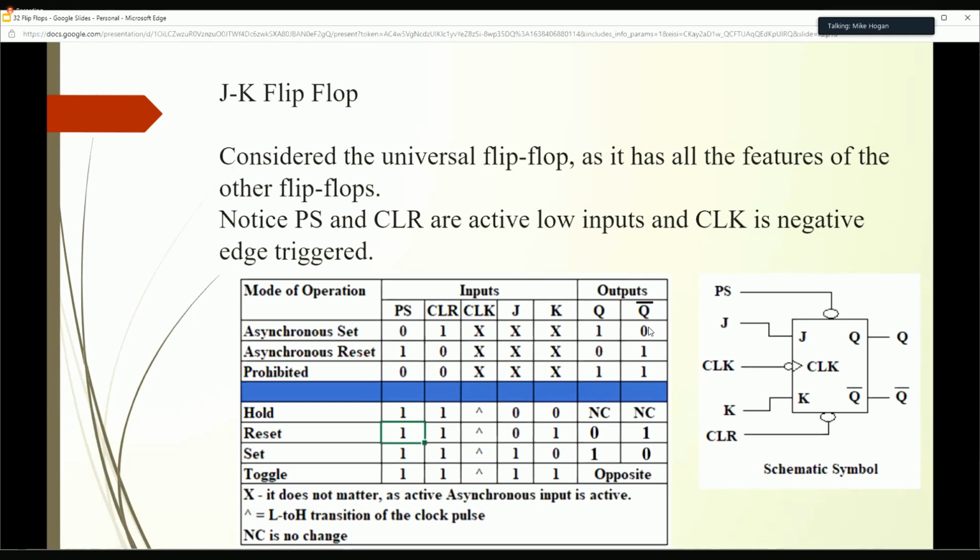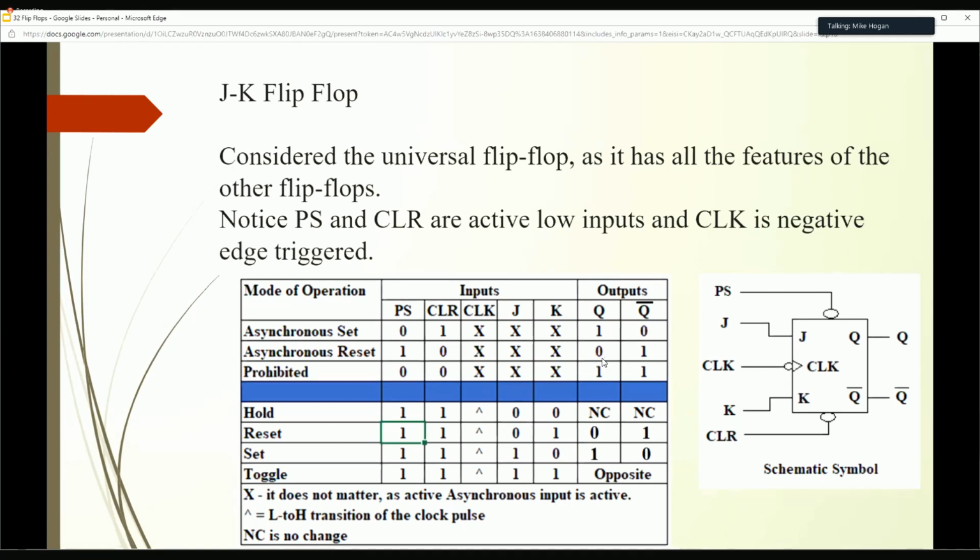The opposite of that is if I get a high on preset and a low on clear. Clear is active low, active 0. Once again, it's asynchronous. It overrides the other inputs. And so therefore, immediately when I get the active signal of 0, a low, on clear, I'm going to get a 0 on Q. Q naught's going to be the opposite.